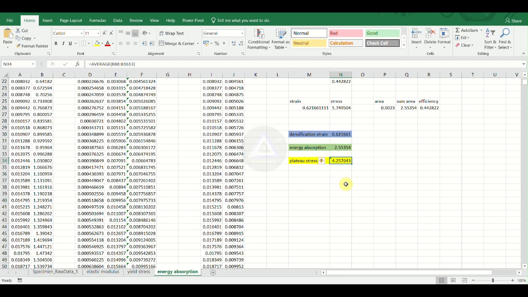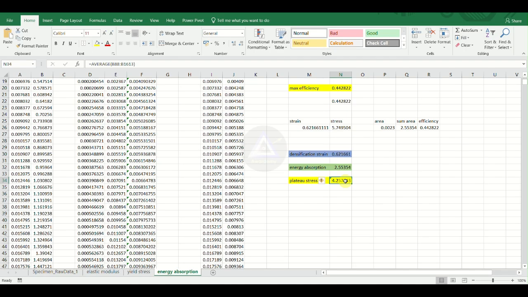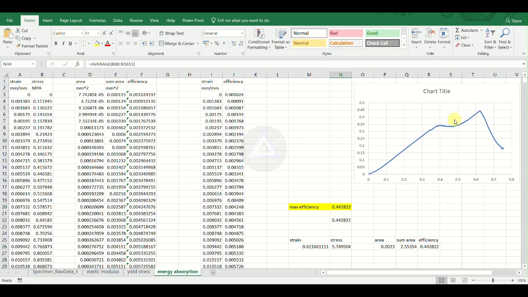This is how you can measure the plateau stress using the average of the stress with respect to yield strain and the stress with respect to densification strain. So we must know the stress at the yield strain and the stress at the densification strain. For that we have measured the densification strain using the maximum efficiency method. From this graph we can clearly identify the maximum value of efficiency and the densification strain.